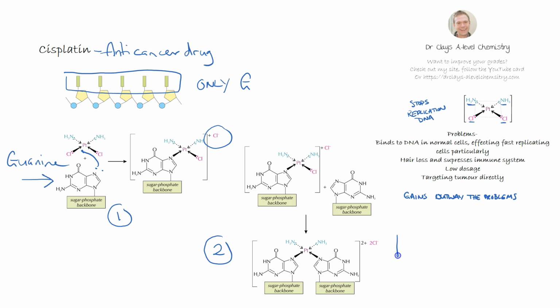This causes a kink in the chain, or kink in the backbone of the polynucleotide, and that kink simply stops replication. It doesn't allow the DNA to react anymore, or to re-zip back up, and stops replication.